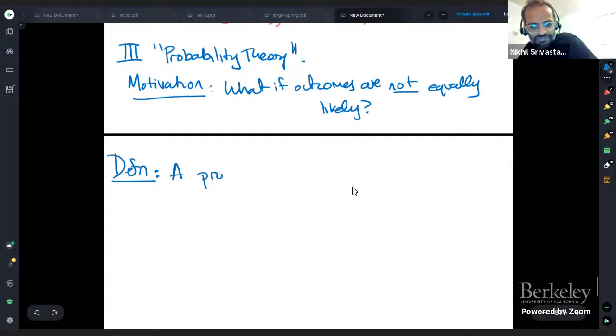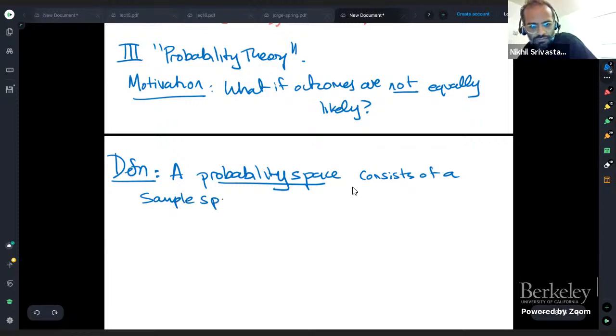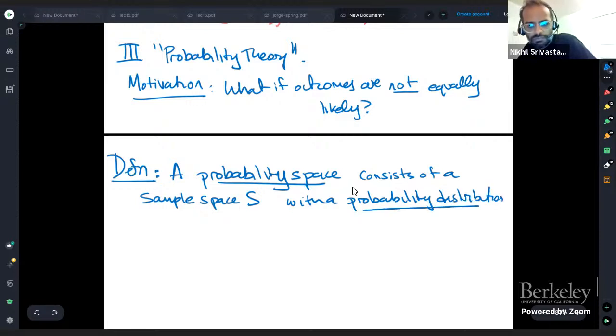But now a probability space consists of a sample space S with a probability distribution P, which is a function from the sample space to real numbers, which satisfies 2 properties.